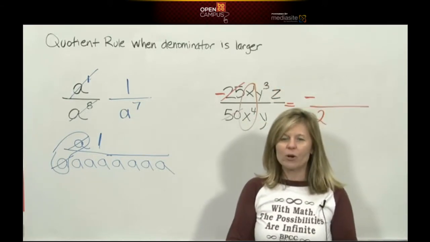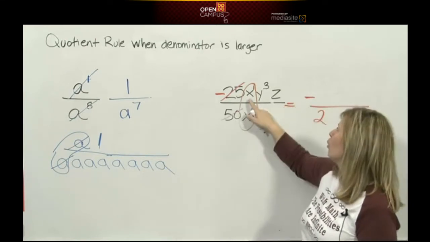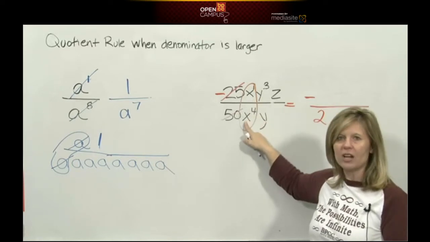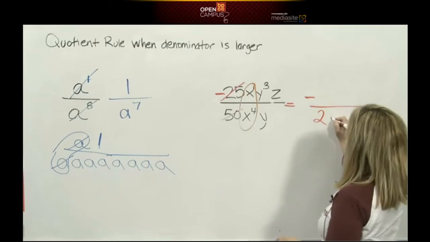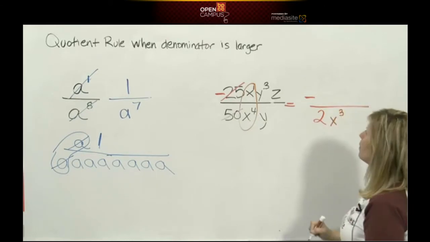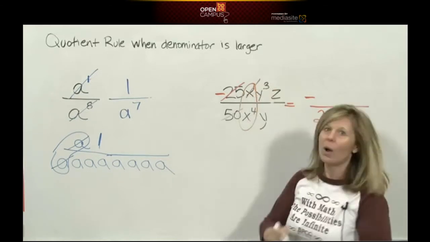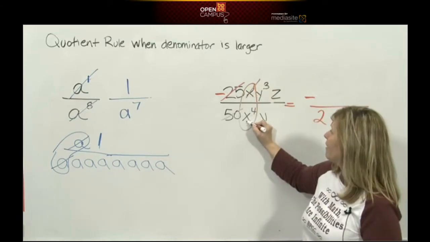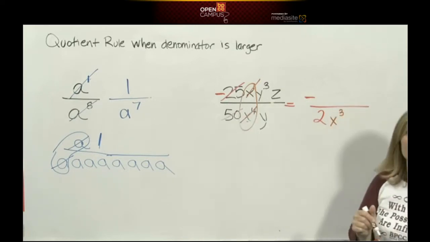If I subtract 1 from 4, I get 3. Where would I place my x cubed, the numerator or the denominator? Well, x to the 4th is bigger, so that's where my x cubed goes, in the denominator. It should make sense. If I have an x up here and I take it away, it's gone. If I have 4 x's in the denominator, and I take 1 away, I'm left with 3.